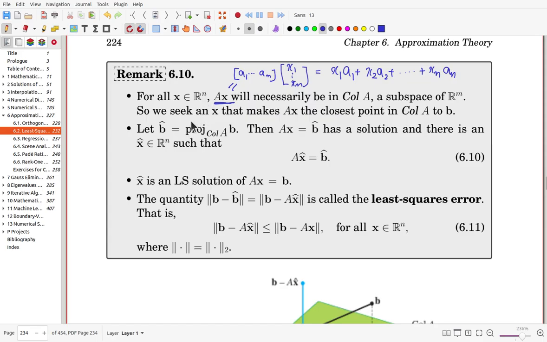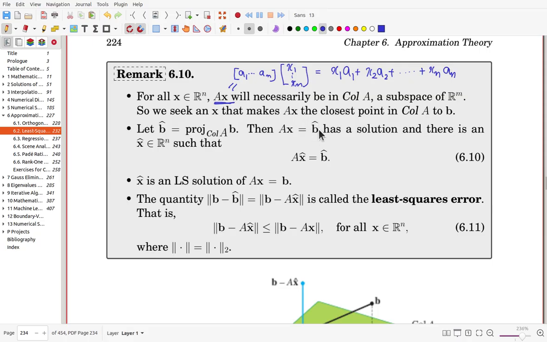Okay. And so finding the least squares solution is the same as seeking an x that makes Ax the closest point in the column space of A. So we can formulate it in this way. We try to project b onto the column space of A, so that is called b hat, and then we try to solve Ax equals b hat.